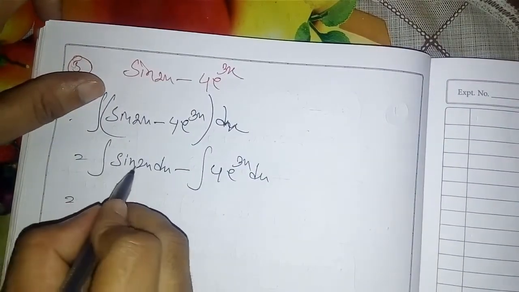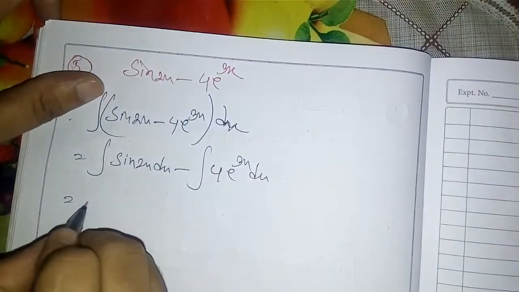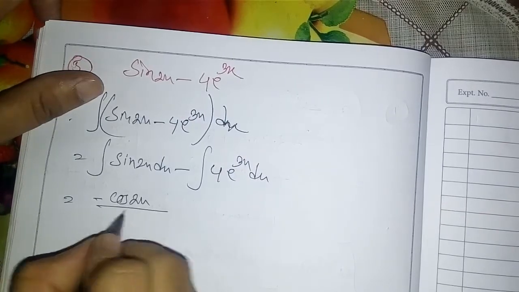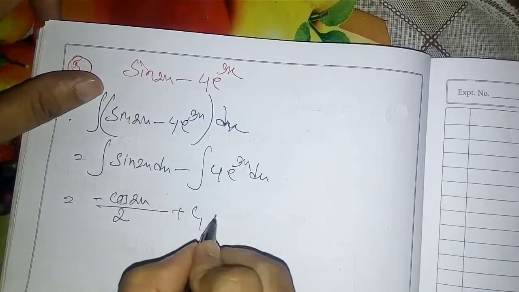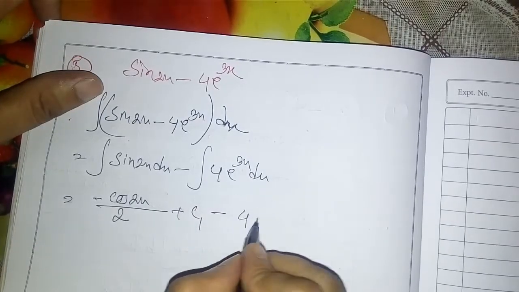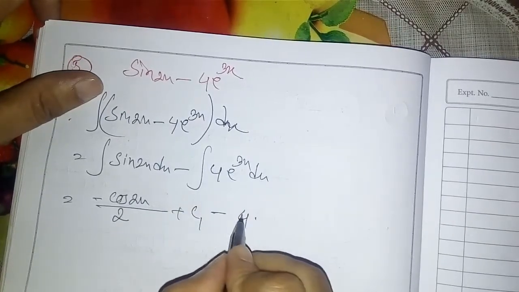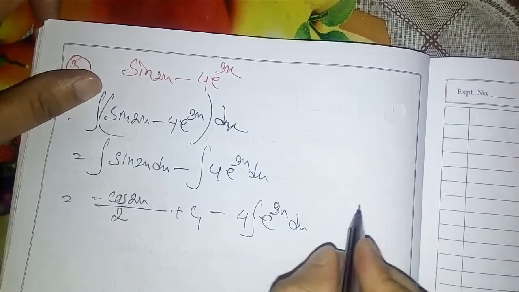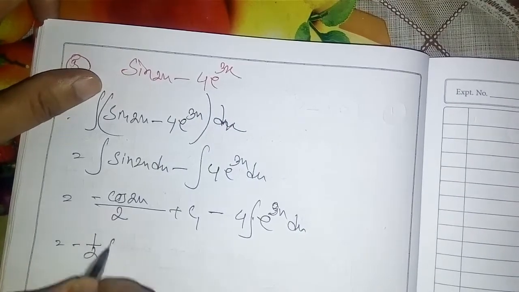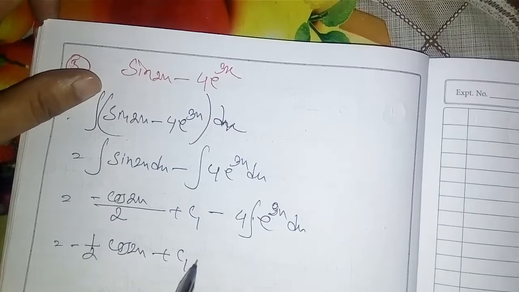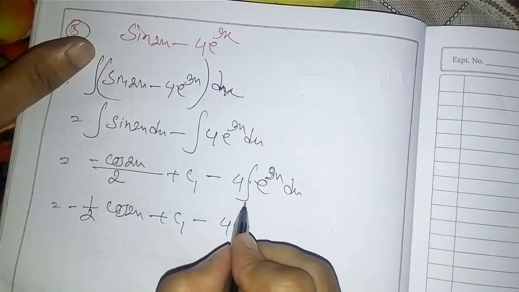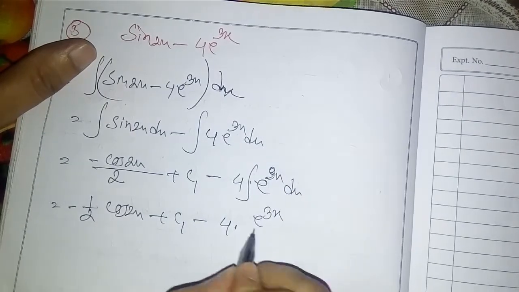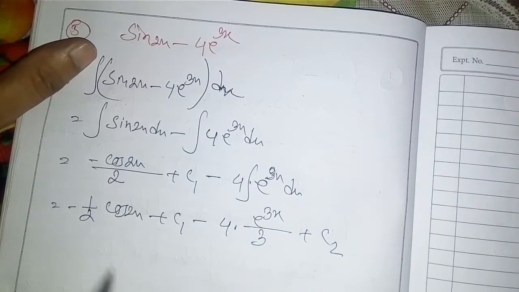Now integration of sine mx dx is minus cos mx divided by m plus c1. Minus, 4 is constant, so write 4 times integration of e to the power 3x dx. Here m is 3. So minus half of cos 2x plus c1, minus 4 times e to the power mx divided by m plus c2.